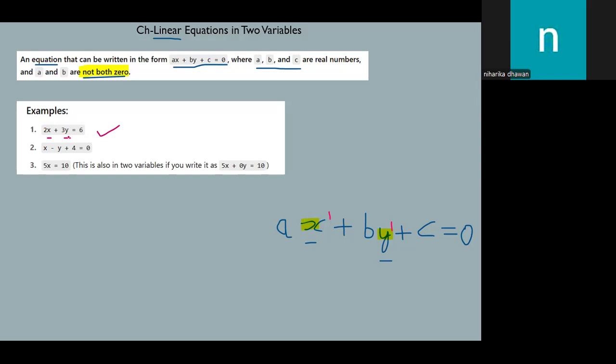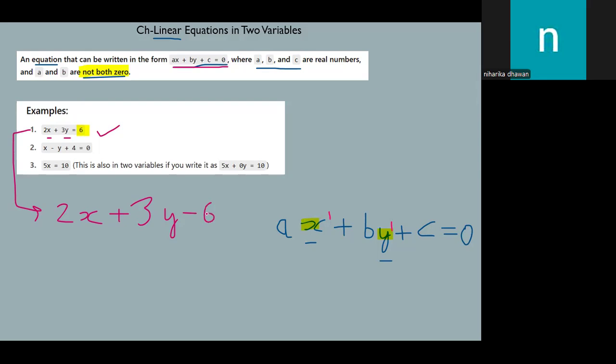Now how can we write this equation in the form ax plus by plus c? Let's look at this. We have 2x plus 3y equal to 6. If I move this 6 to the left hand side, what will we get?